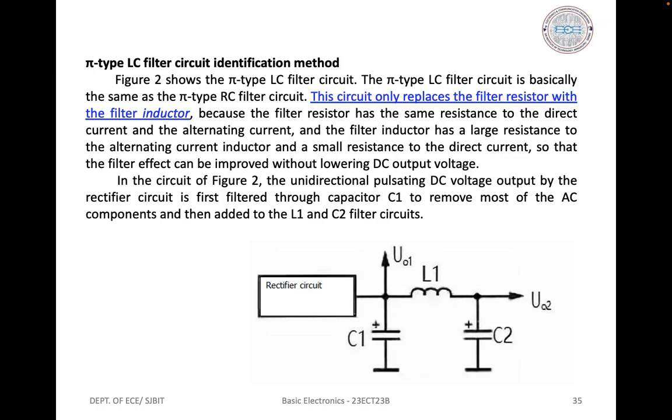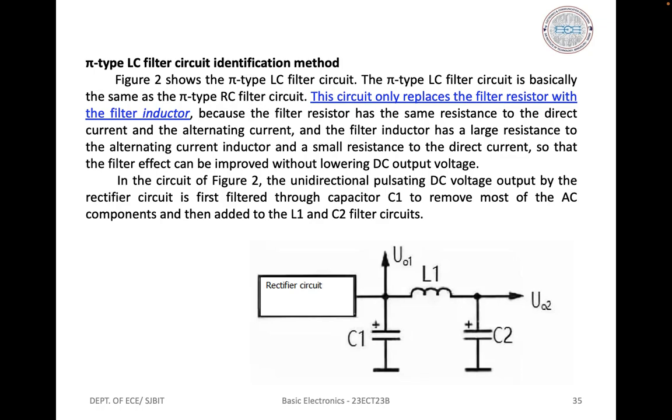The circuit is now an LC pi filter, and it can be analyzed similarly to the RC pi filter.